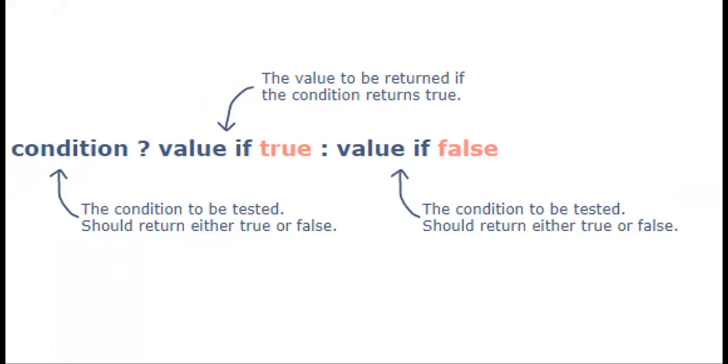Anything between this question mark and this colon is what is executed if this condition evaluates to true. I hope that is clear. Finally, this colon: if this particular condition evaluates to false, any code after this colon is executed.